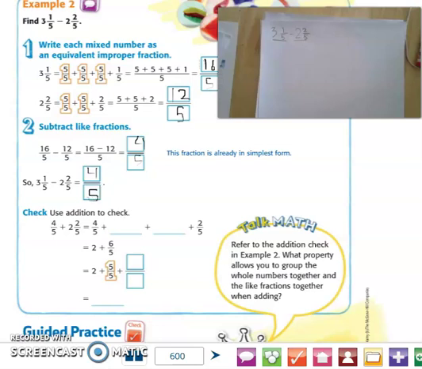Now they're using addition to check, so they're taking these two fractions and adding them, opposite operation, to see if we get this fraction. That's what's happening down here. 4/5 plus 2 2/5, which is the same as 4/5 plus 1 plus 1 plus 2/5.